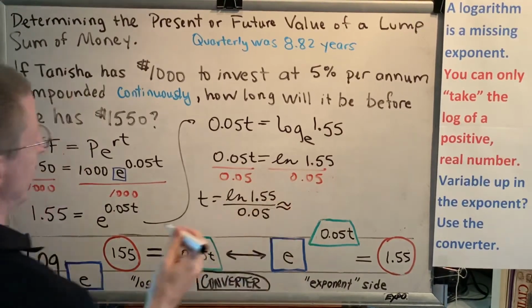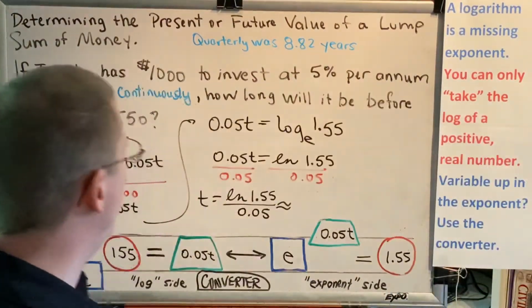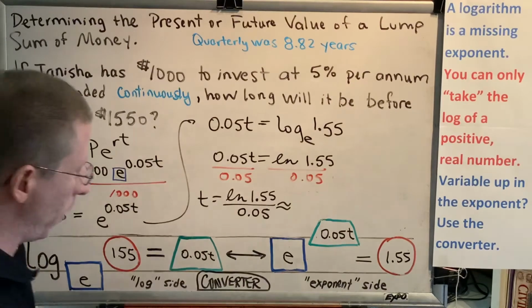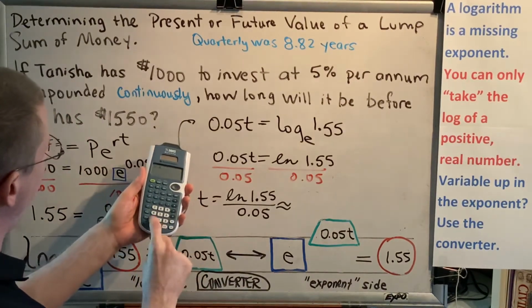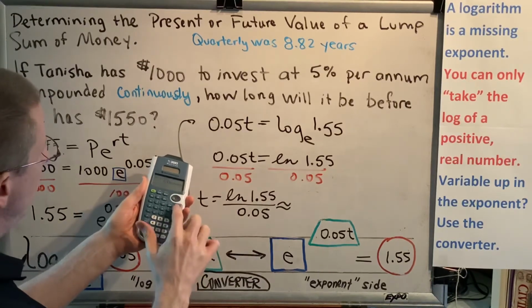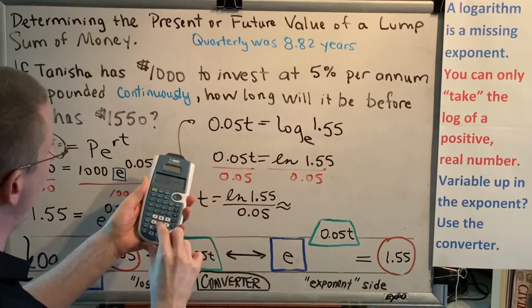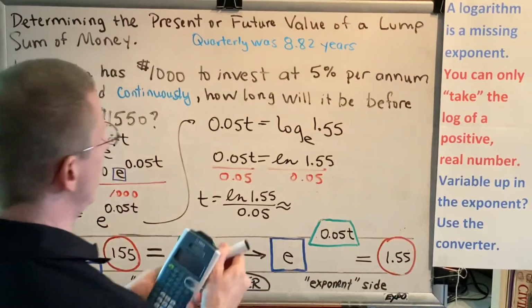Now I'm ready for a decimal approximation. And this time I'm in luck. I don't need the change of base formula because natural log is one of the buttons on my calculator. So I hit natural log of 1.55, close parentheses, enter, then divide by 0.05, enter, and I get the value 8.77 years.